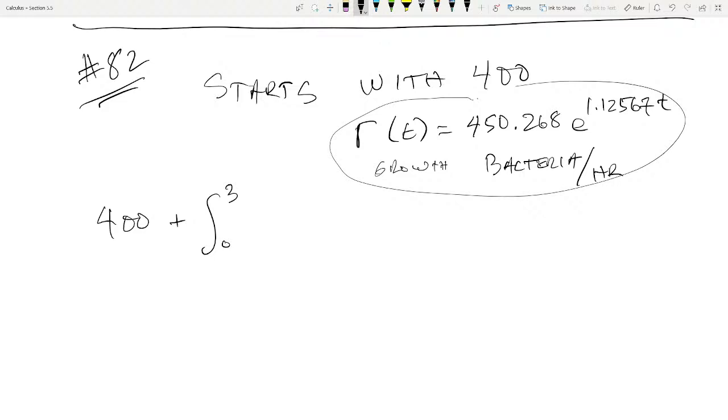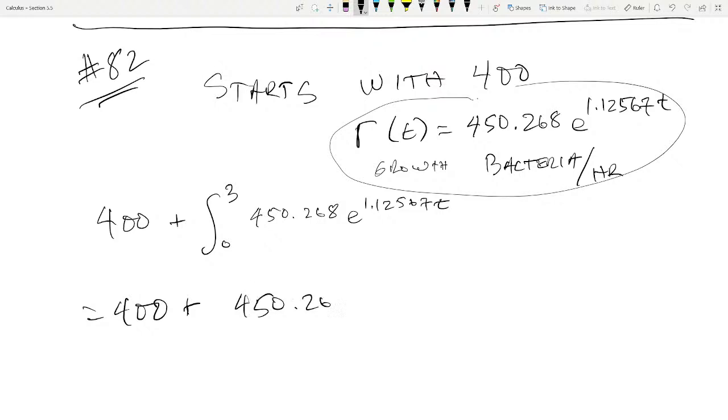So I'm going to put all this stuff in. 450.268 e to the 1.12567 t. 400 plus, now I'm going to integrate. Got that 450.268 coming along with us. Now, when I integrate that, I'm going to have to get 1.12567 t.